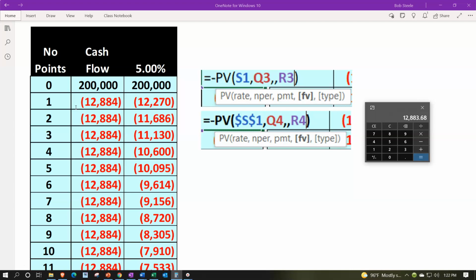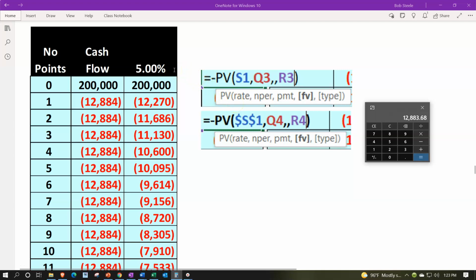Now it's not really 12,884, it's really 12 payments each year that sum up to 12,884, and that's where the approximation comes in. Now, if we were to take the present value of each of these cash flows, starting with the second one, the first one would be the same, of course, because it's in period 0. The second one would be negative present value of the rate. The rate would simply be the 5% now.